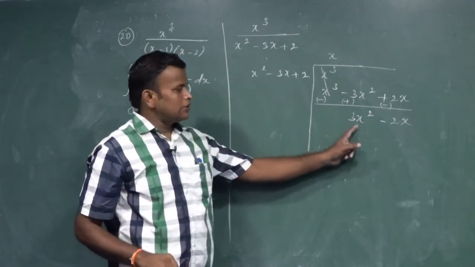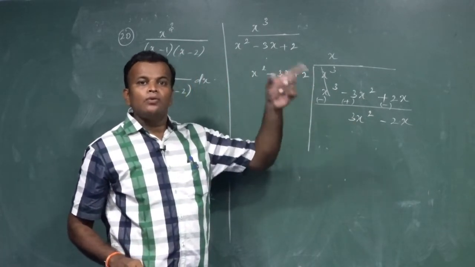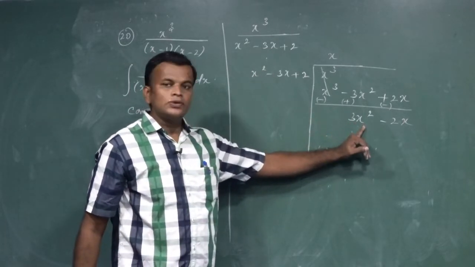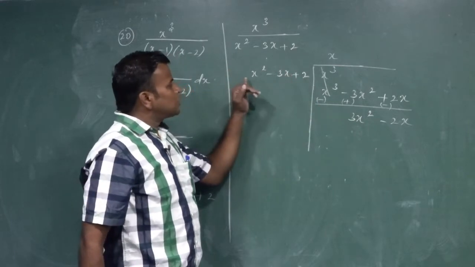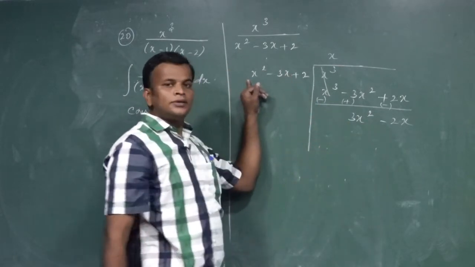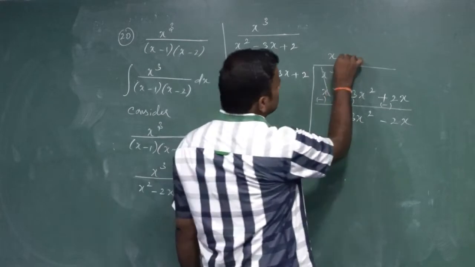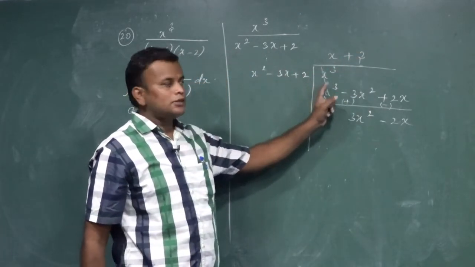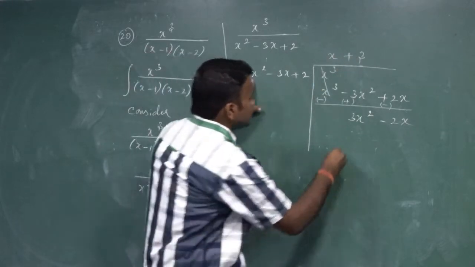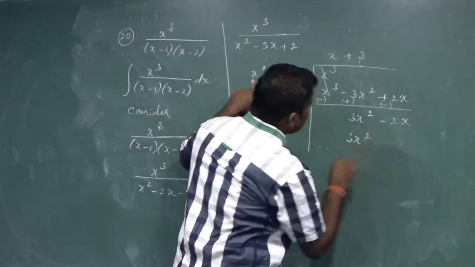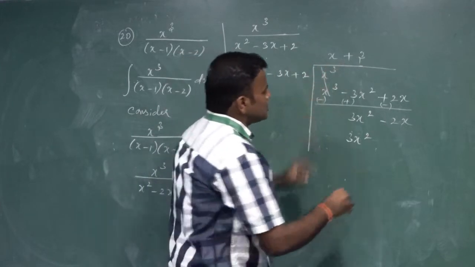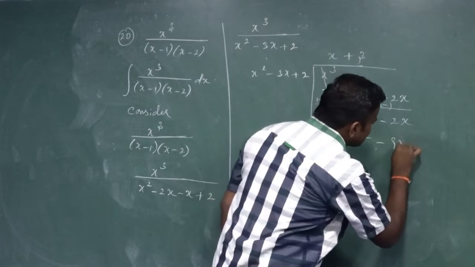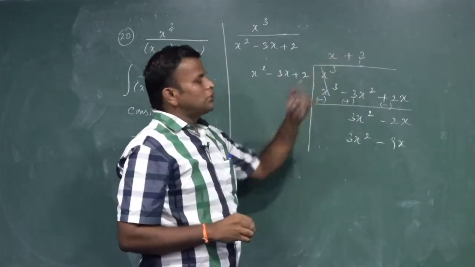Again 3x squared is improper, so we divide one more time. The first term is x squared; we multiply by 3 to get 3x squared, so plus 3. Now we multiply 3 with these three terms: 3 into x squared is 3x squared, minus 3x into 3 is minus 9x, and 2 into 3 is 6.